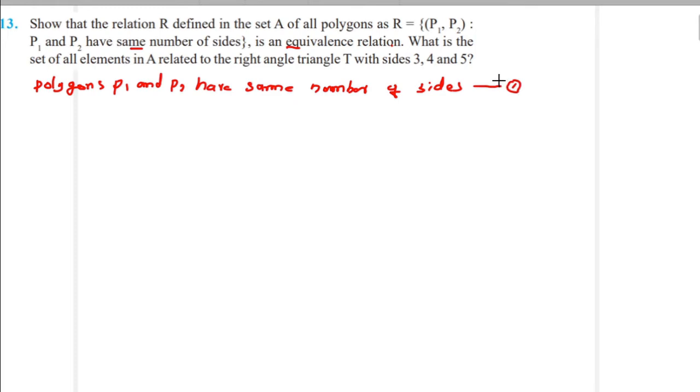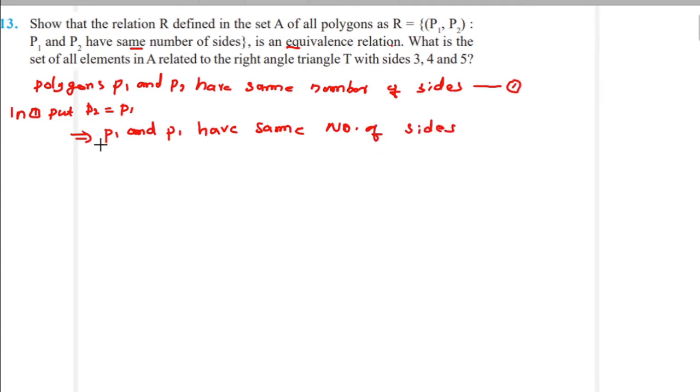So we have to show that it is an equivalence relation. First we have to show R is reflexive. So in 1, put P2 equal to P1. So for statement 1 we can write: the polygons P1 and P1 have the same number of sides.